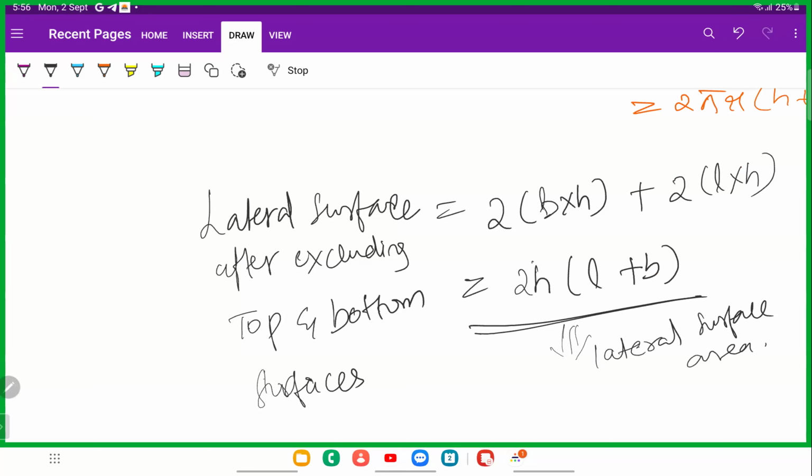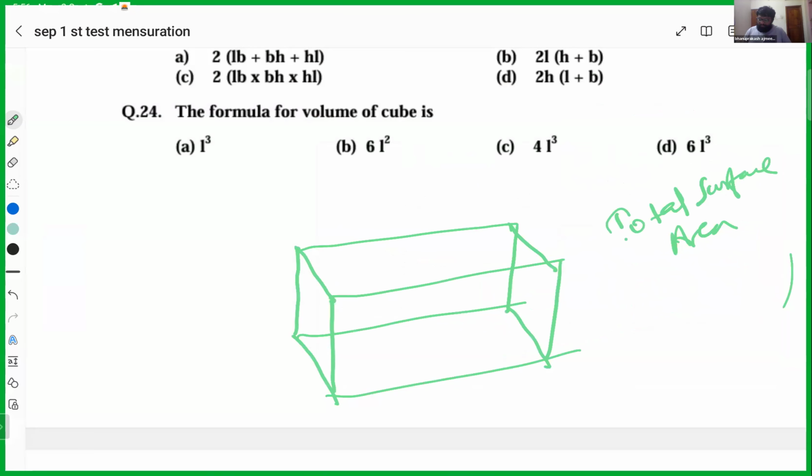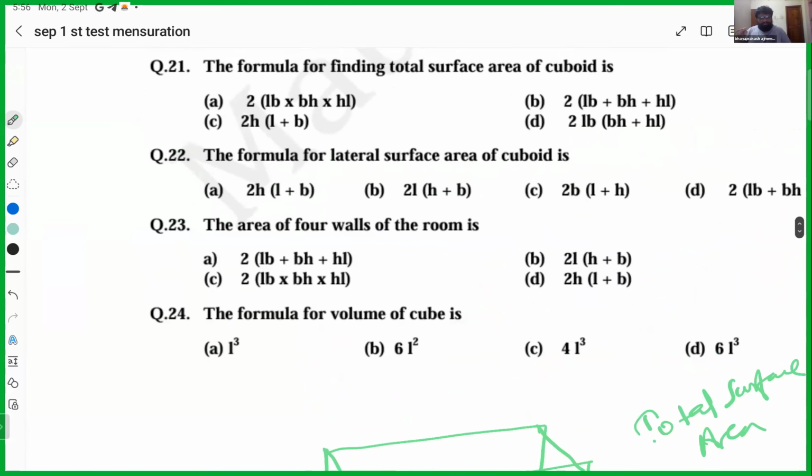No, sir. It's very clear now, sir. I understood that no top and bottom is there, and you have to use the rest. Yes, great. Total surface area minus top surface area minus bottom surface area gives rise to lateral surface area.